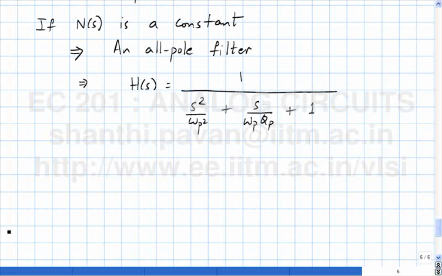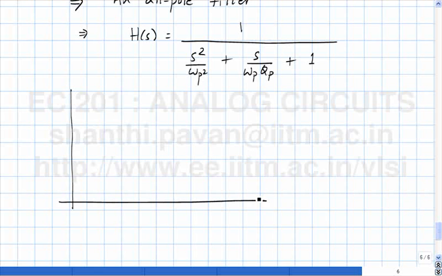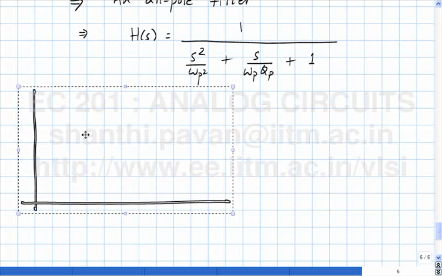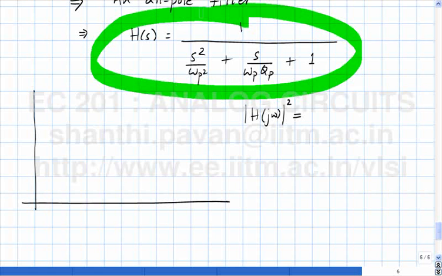Now, let's see what happens to the magnitude of this transfer function. What is |H(jω)| squared? So this is an example of a simple second order low pass transfer function.